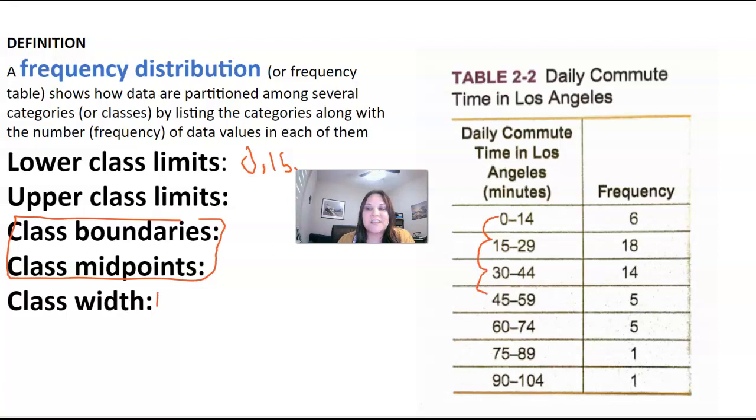They're going up by increments of 15, and that's what you refer to as the class width. And the upper class limits also go up by increments of 15.